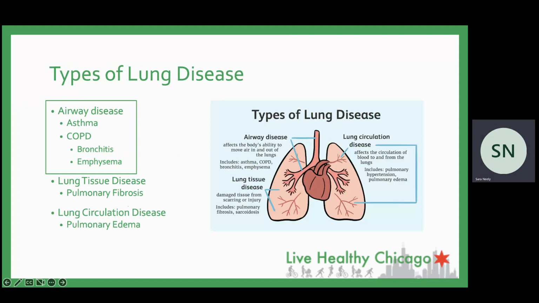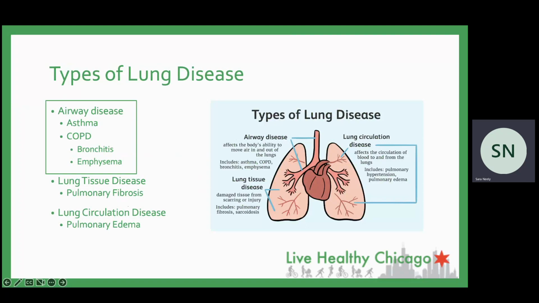There are many different types of lung disease depending on what part of the lungs may be affected. Airway disease affects the body's ability to move air in and out of the lungs and is primarily what we'll be talking about today. Asthma and chronic obstructive pulmonary disease, commonly referred to as COPD, are types of airway disease.